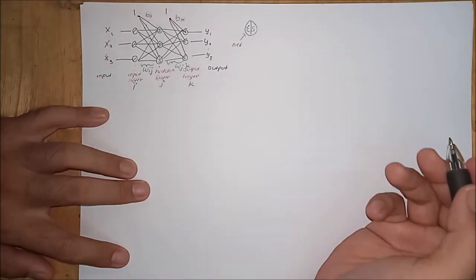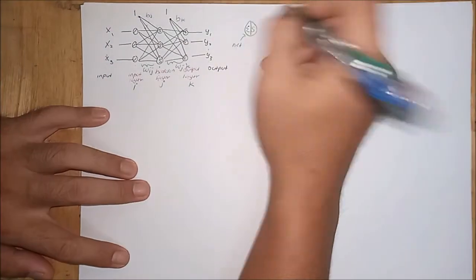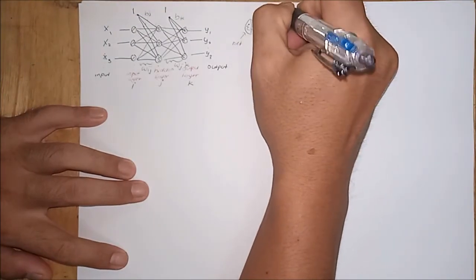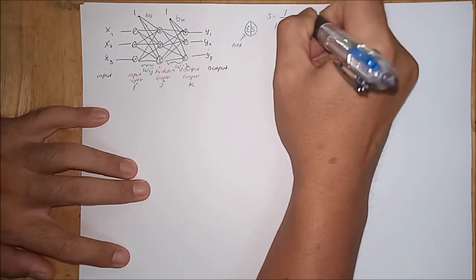The sigmoid activation function in this case is defined as S = 1 / (1 + e^(-c·net)).